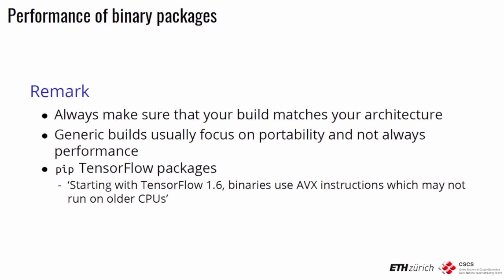You might not see it at first if you run a small benchmark, but for example, if you change the CPU and GPU ratio, and you're going to be using the CPU more at some point in your code, then you're going to see that the missing AVX instructions will make a difference.